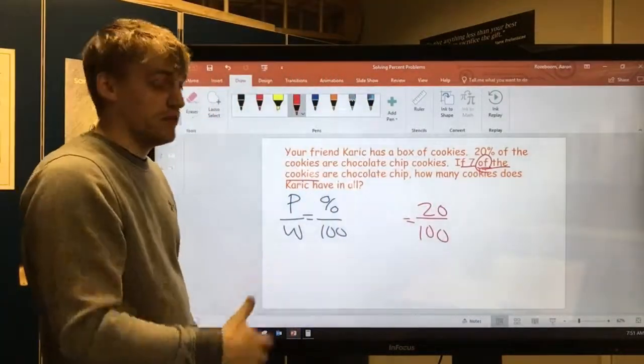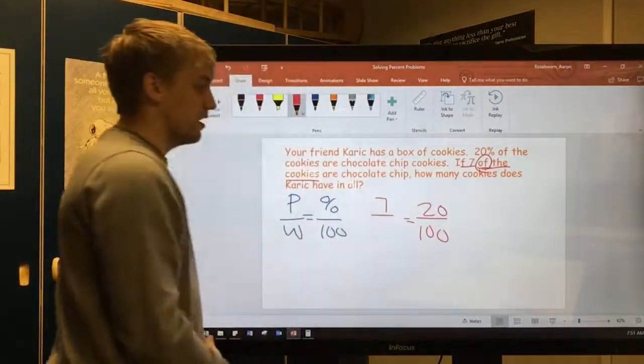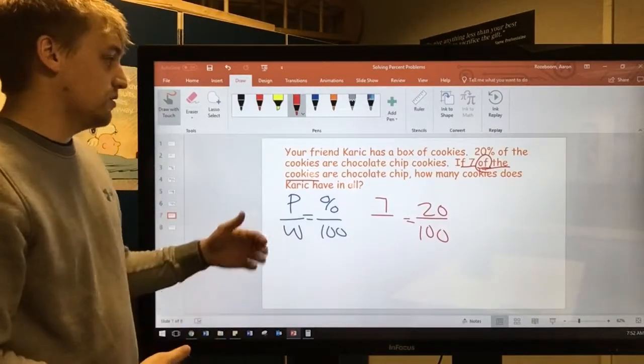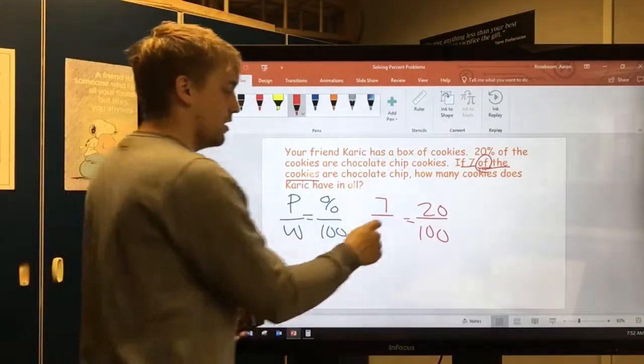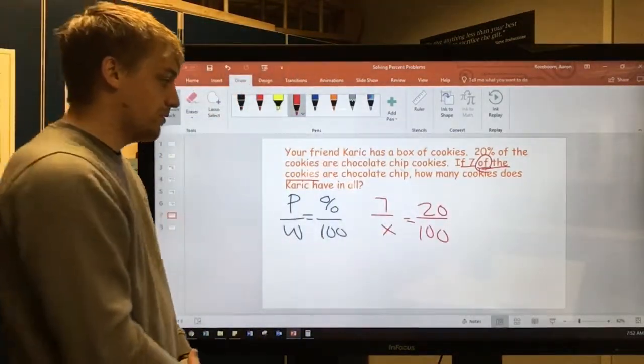Since there's no number after that, you can assume that 7 is the part. 7 of all the cookies, that makes sense because 7 is only part of the cookies. So there's 7 chocolate chip cookies, and that's only part of all the cookies that Carrick has. So you can put an x in the whole part because that's what you're going to be solving for.